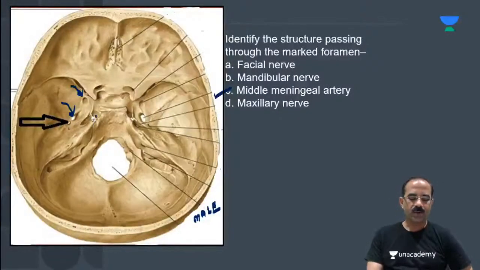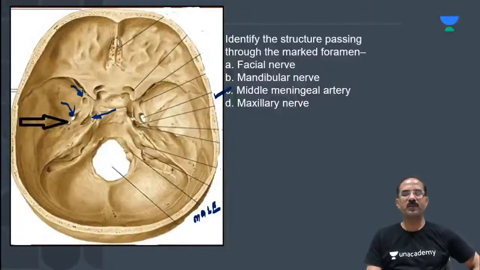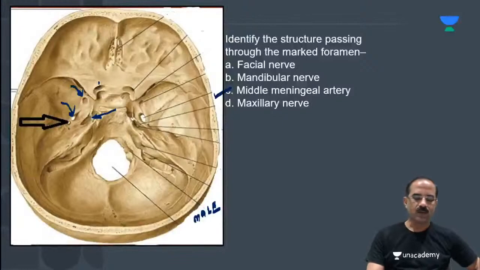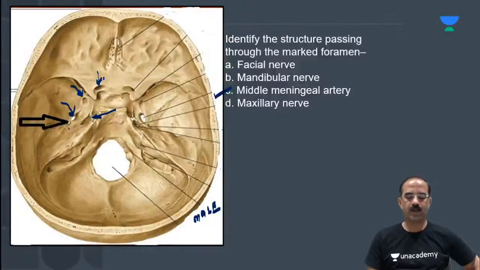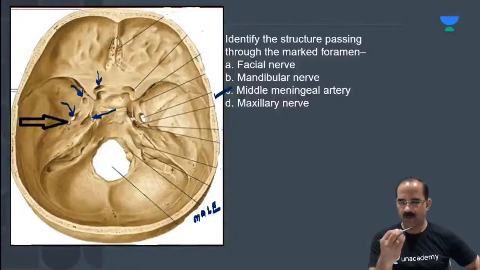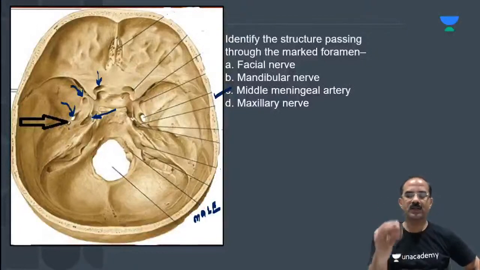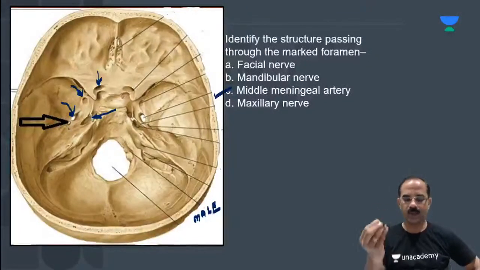And that's the foramen lacerum, and what passes through the foramen lacerum is the internal carotid artery. What is this here? That's the optic canal. What passes through the optic canal is the optic nerve and the ophthalmic artery.